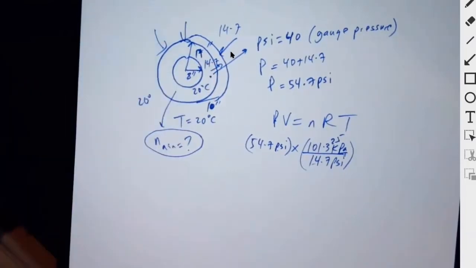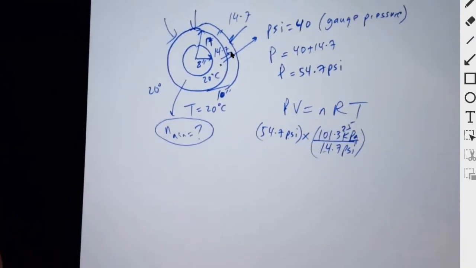You see? So the flattest tire you can imagine, the pressure inside is still 14.7. It's not zero. You see what I mean? Yes, thank you. Okay.